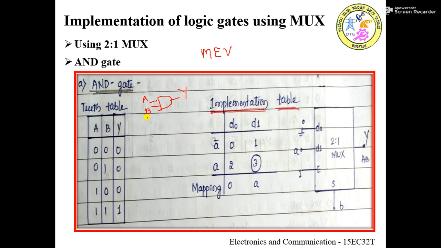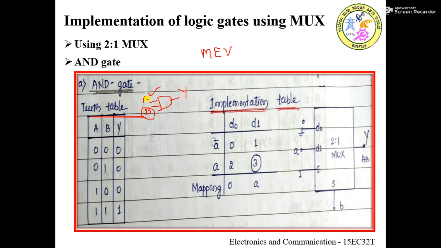So it is always preferred to map the second input, that is B here, with the select line, that is S. Whenever one input is mapped with a select line, the leftover input is called the MEV, that is, map entered variable.